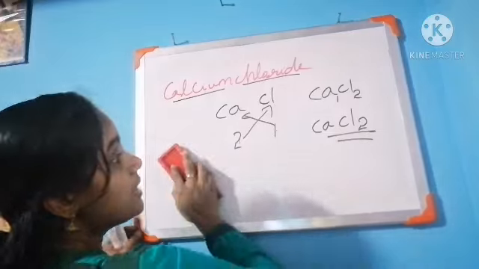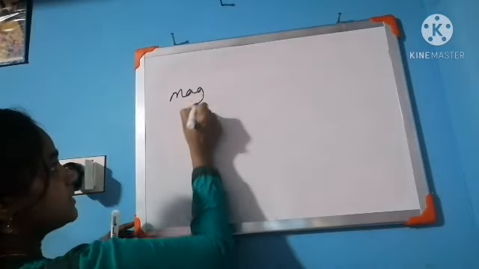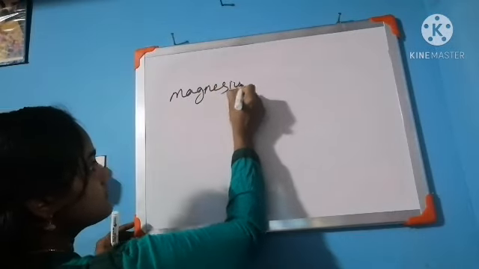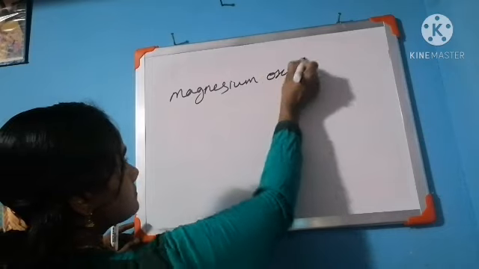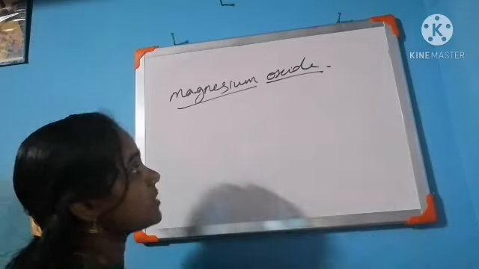Next example, magnesium oxide. Which elements are present here? Magnesium, and oxide means oxygen.